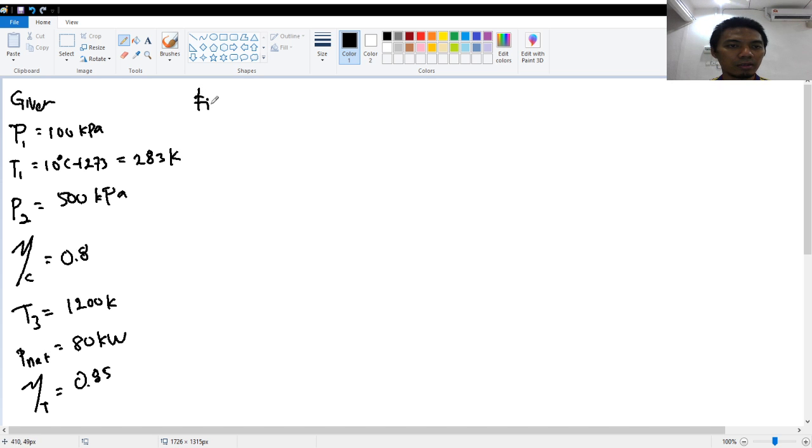Find the m dot, the temperature x, let me put it as x, and the thermal efficiency. Good. Solution, change it to red. Solution.